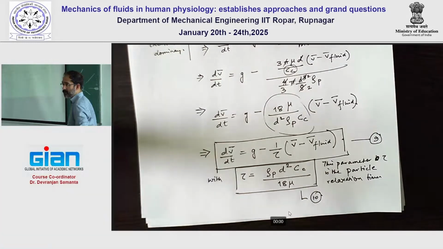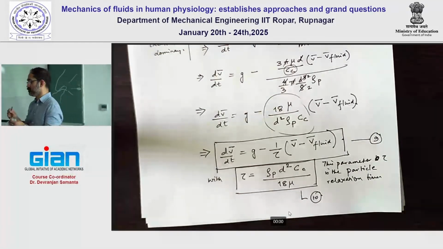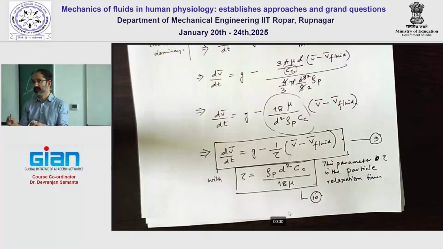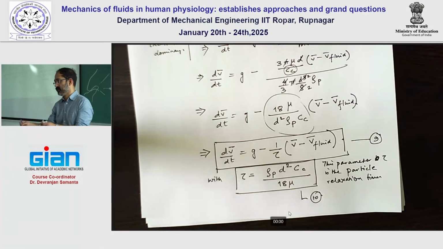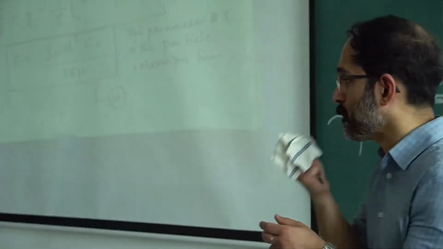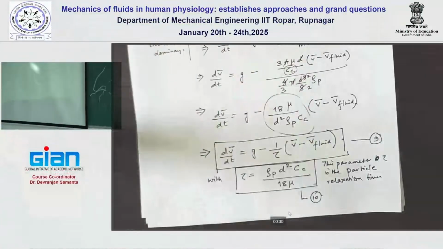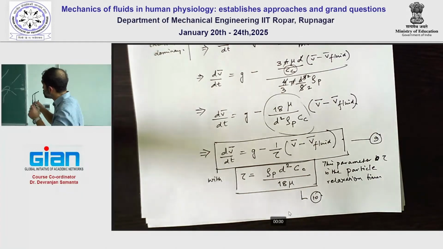So is it the time that the particle takes to catch up to the fluid velocity? That is one way to think about it as well. If you put a particle which is initially at rest in a moving fluid, the time it takes to reach that velocity. Or if the fluid is at rest and the particle is moving, the time it takes to come back to that state of the fluid. So both ways it would work if there is a difference in velocities.